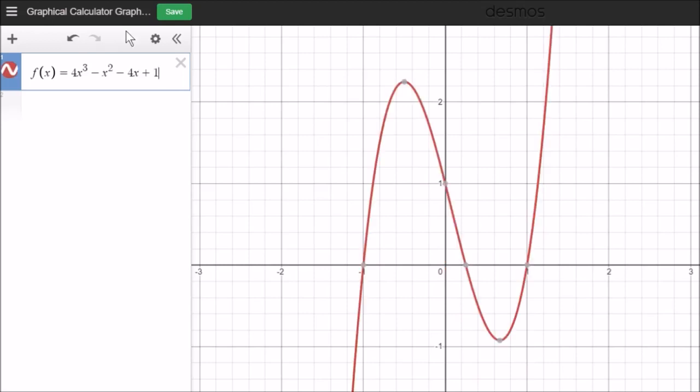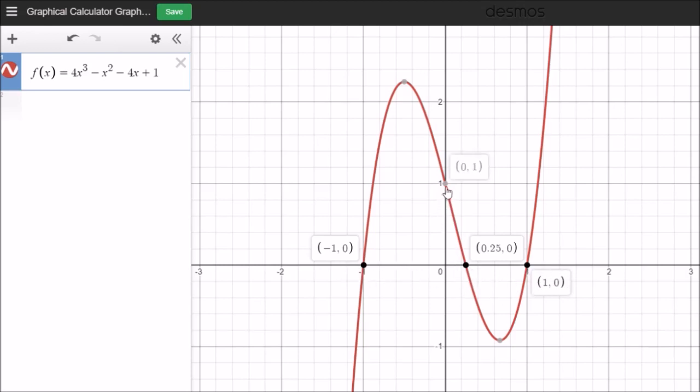Okay, so it looks like it's in the right shape, it's heading up and down like this. So let's check the points. So we've got minus 1, 0 is one of the roots, 0.25, 0 is the other root, and 1, 0 is the final root. So those are the three roots that we worked out.